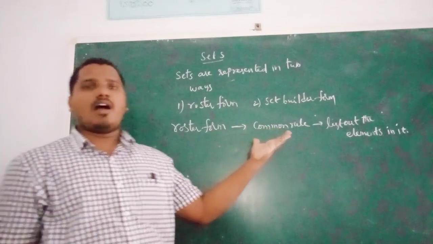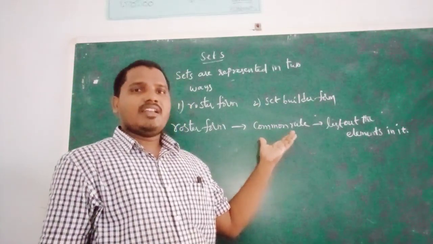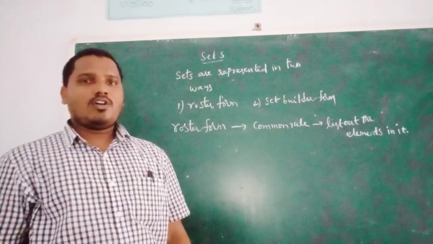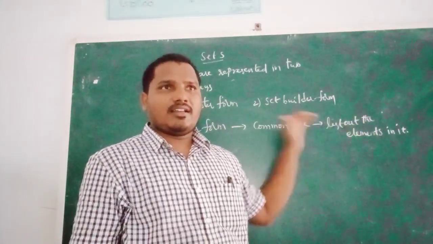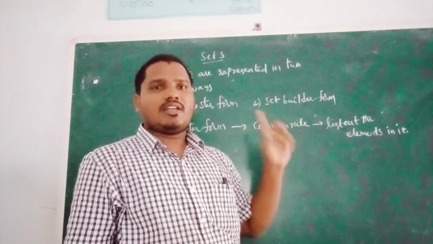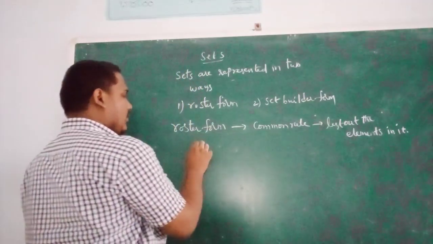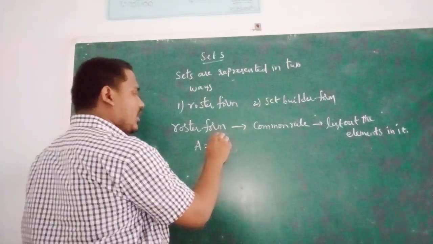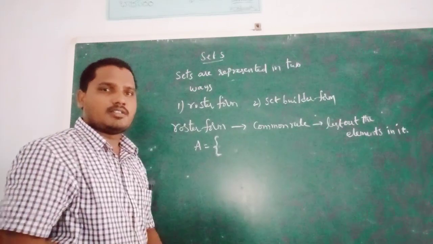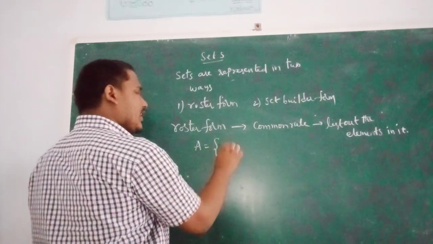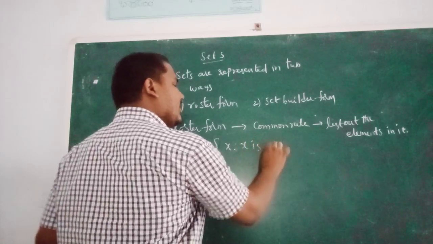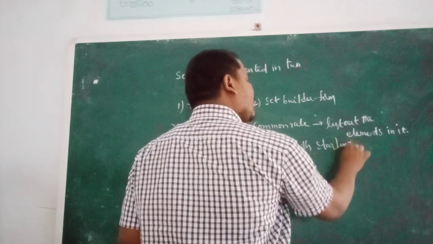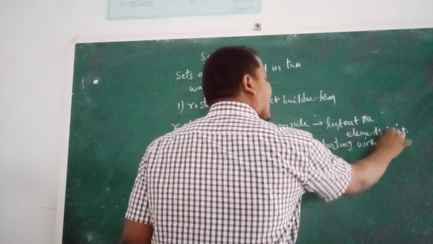Here they are giving a common rule, and according to that common rule, we list out the elements. Suppose A is equal to, a set represented with this notation, X such that X is a month starting with J. This is a common rule.